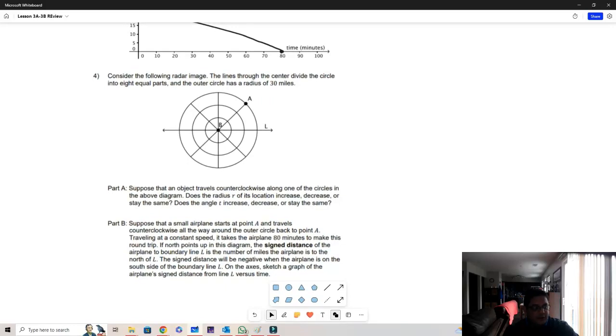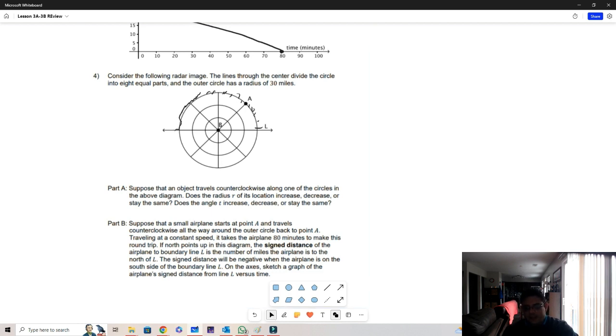Now let's consider a different scenario. The lines that divide over here have theta equal to pi over 4 again, and the outer circle has a radius of 30 miles. But instead, let's consider an object that travels counterclockwise along one of the circles. So it's going through here. Let's say it goes here, here, here, here, here, here. It keeps moving over that circle.